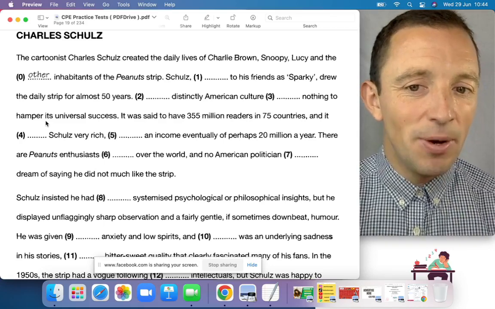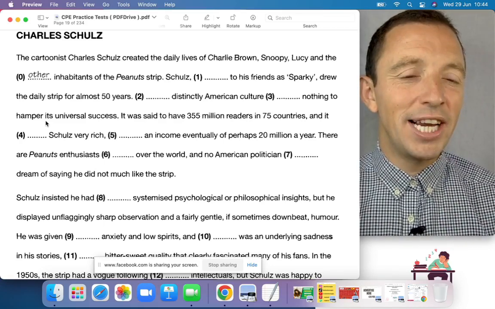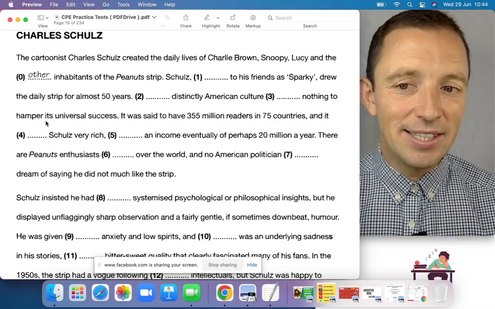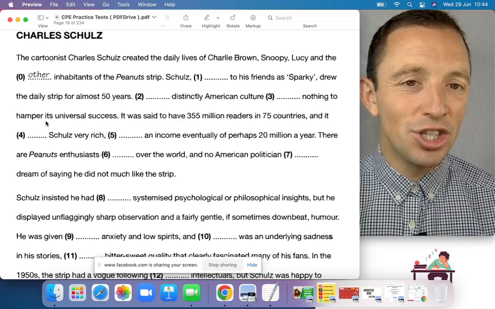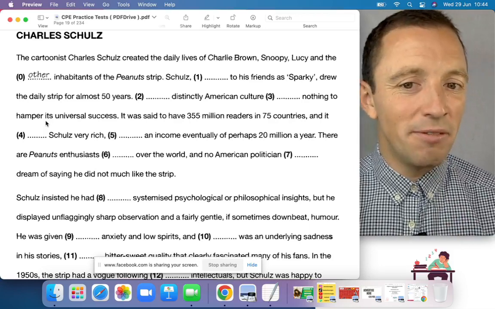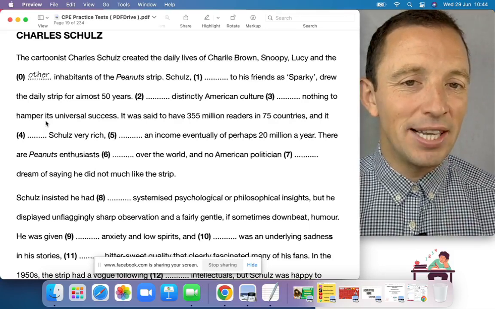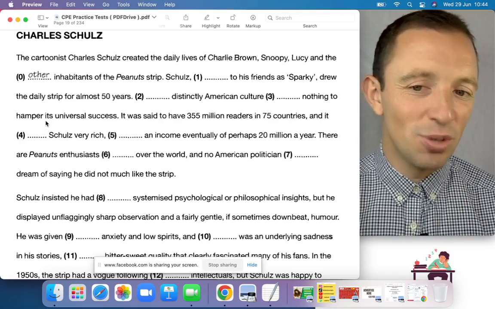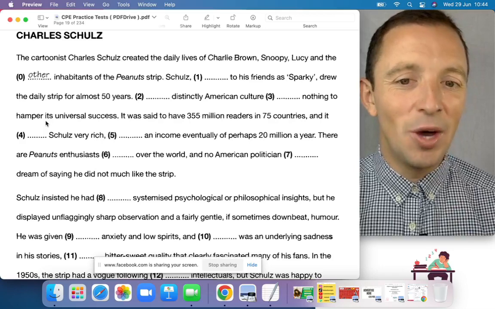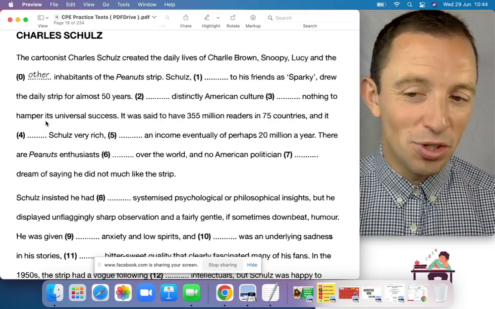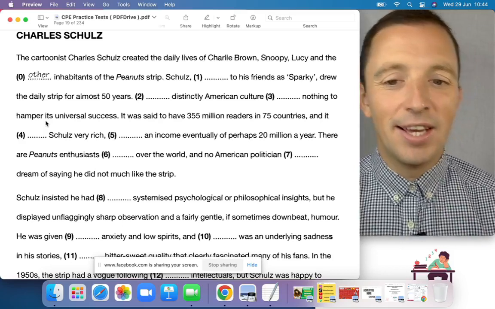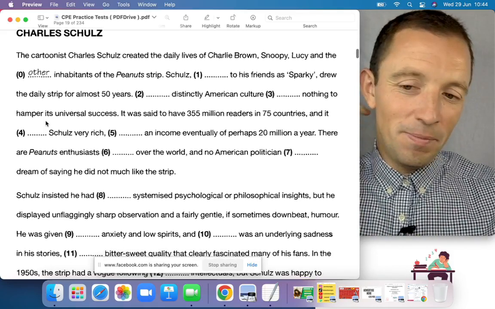It was said to have 355 million readers in 75 countries, and something Schultz very rich. Something an income eventually of perhaps 20 million a year. There are Peanuts enthusiasts, something over the world, and no American politician, something dream of saying he did not much like the strip. Okay, we continue.